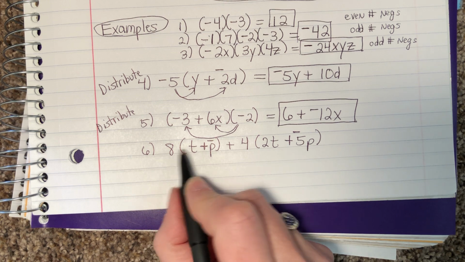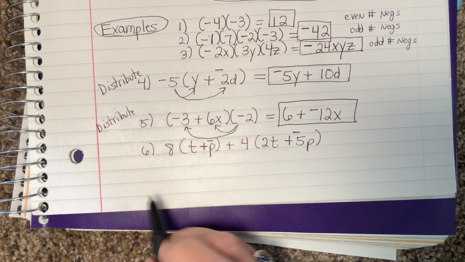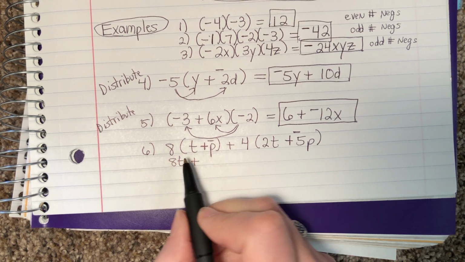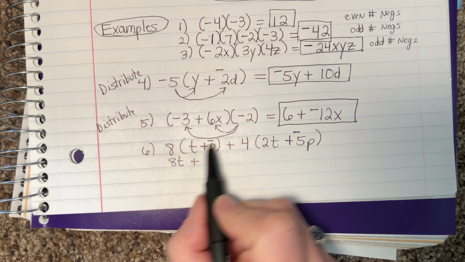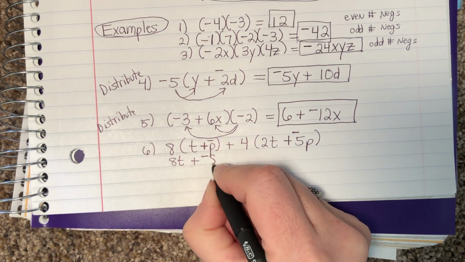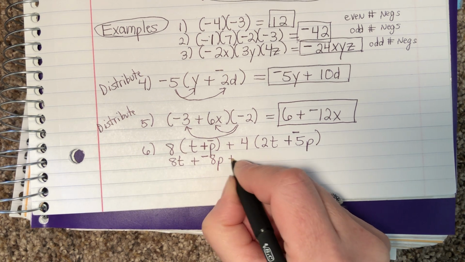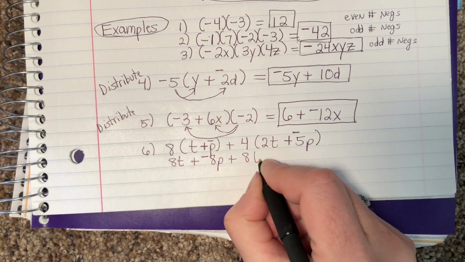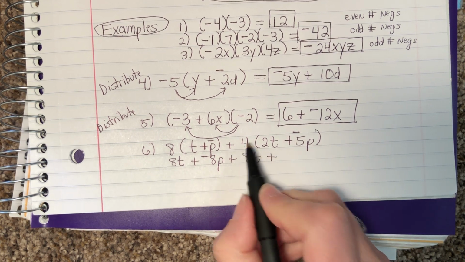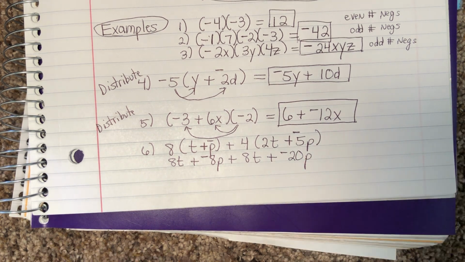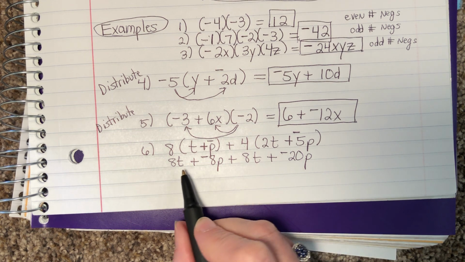Now we're going to carefully distribute, paying attention to the signs. 8 times t is 8t plus, be careful, don't put negative p, you have to distribute the 8 to that one too. 8 times negative p is negative 8p plus 4 times 2t is 8t plus 4 times negative 5p is negative 20p. Now, don't just stop and walk away because we have to add like terms.